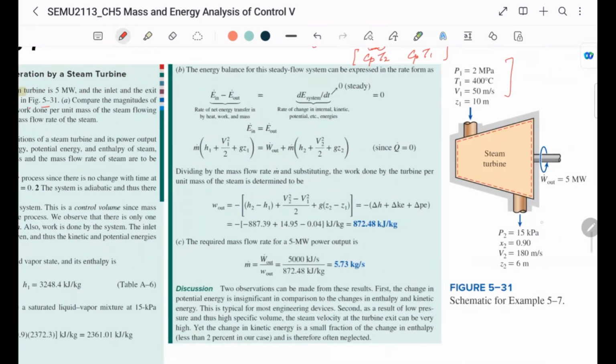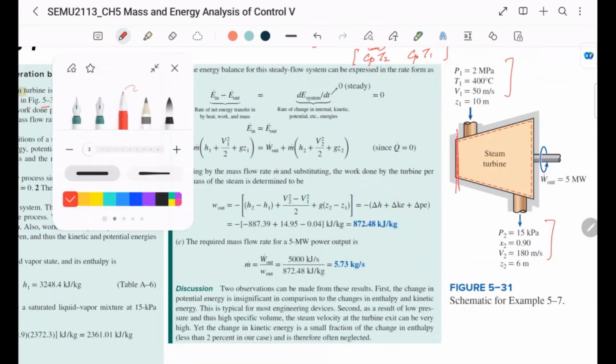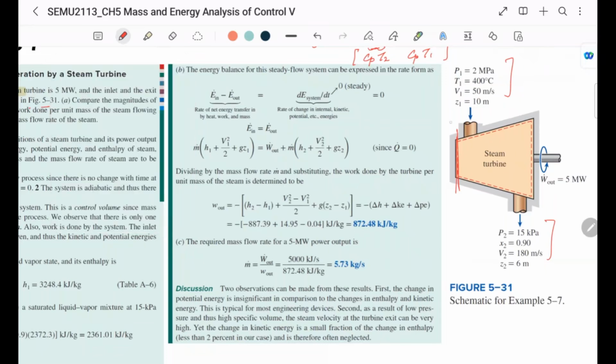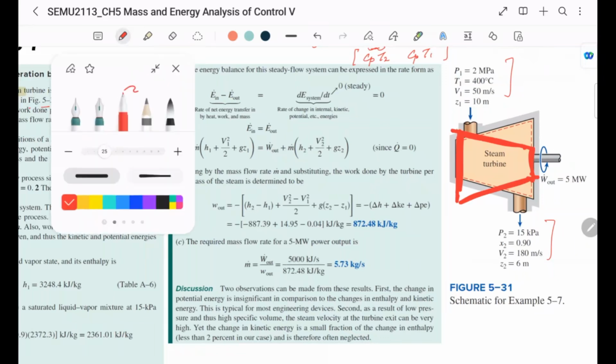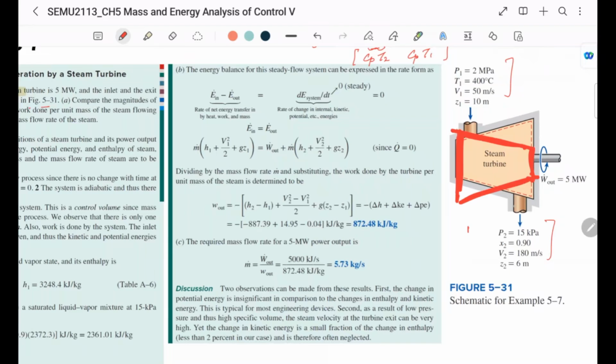Inlet, exit. Again, here it is drawn wrongly. Let me just, yes, it should be this way. And yes, I'm quite particular about this direction because this is how we usually draw a turbine.